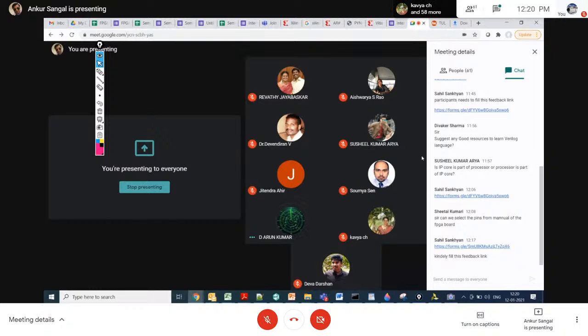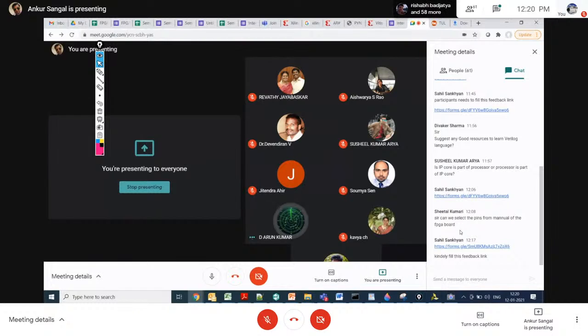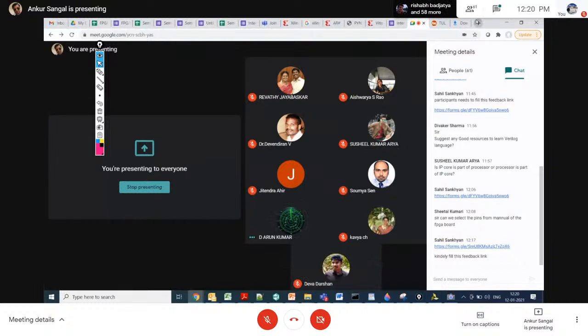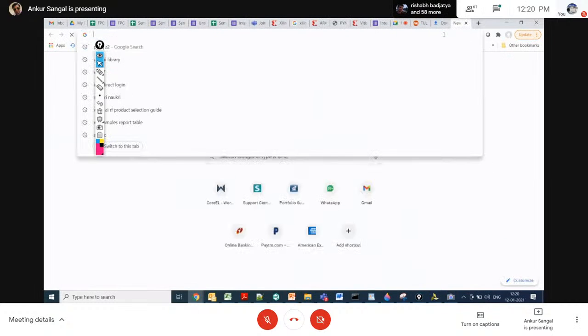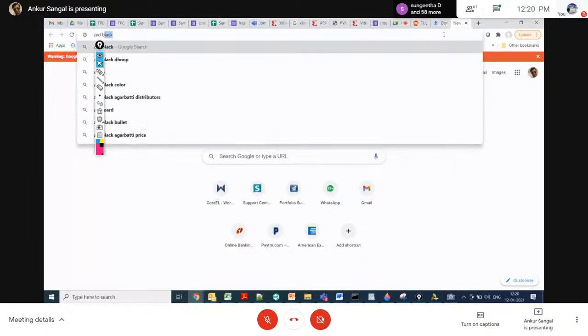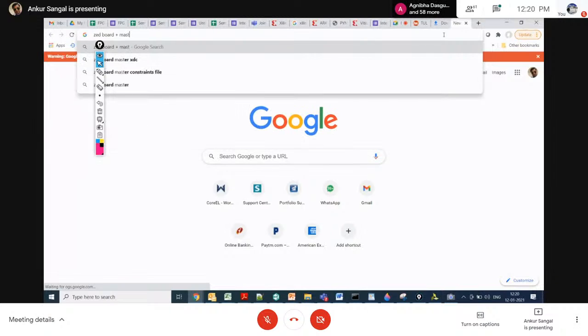Yeah, you can select these things from the manuals as well, for the FPGA board. And if you don't have any such manuals, you can do one thing. You can just type your board name. Like if you are using Z board, you can just type here Z board plus master XDC file. You can just type on Google.